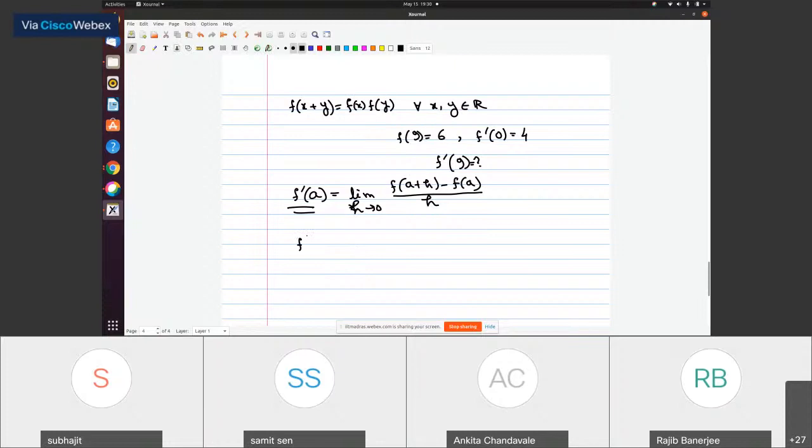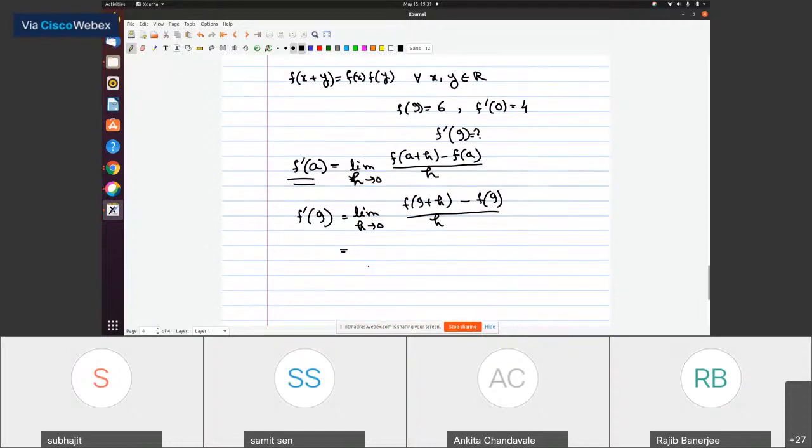So here I have to calculate f dash 9. So it will be f of 9 plus h minus f of 9 by h. Now the function is given as f of x plus y equal to f of x into f of y, right? So I can apply this here. So it will give me f9 into fh minus f9 by h.